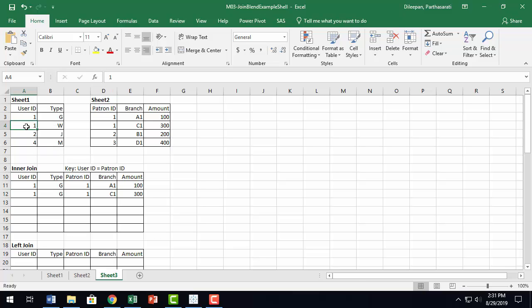Next you take the second record from the left and go through the same process. There is a match. So, we have 1 W 1 A1 100, and then you look at the second record.